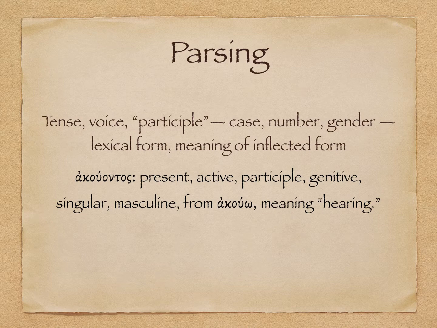Let's think about parsing for just a moment. The tense of the participle is first, what tense form it is, and then the voice, active, middle, passive. And then we state that it is a participle, followed by case, number, and gender of the noun it modifies, then its lexical form and meaning.